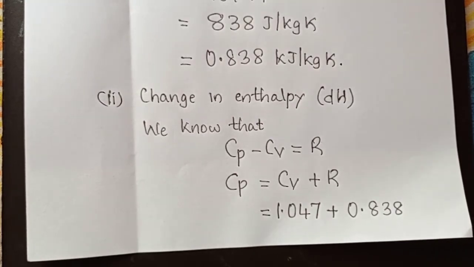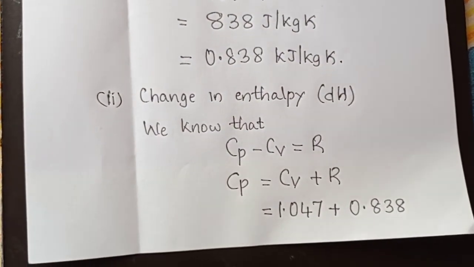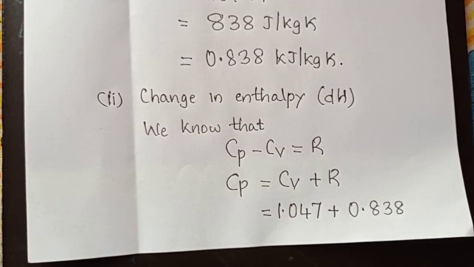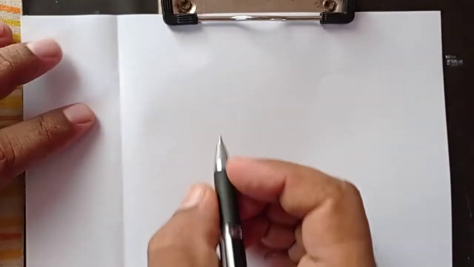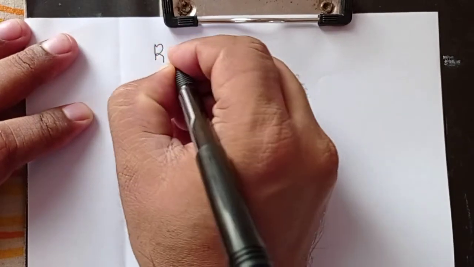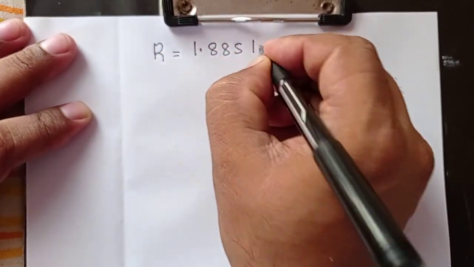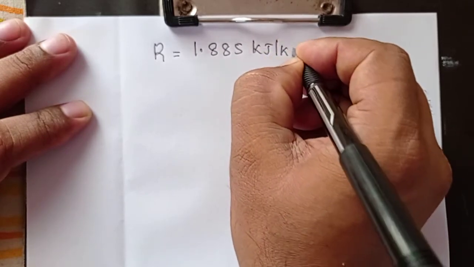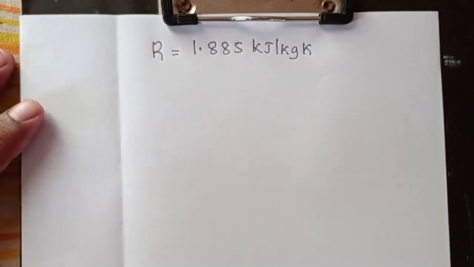Upon getting Cp, next we can find out the change in enthalpy. So Cp will be equal to 1.885 kilojoules per kg Kelvin.